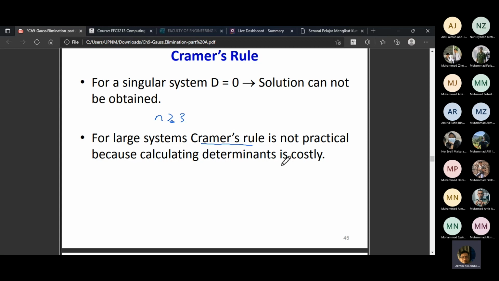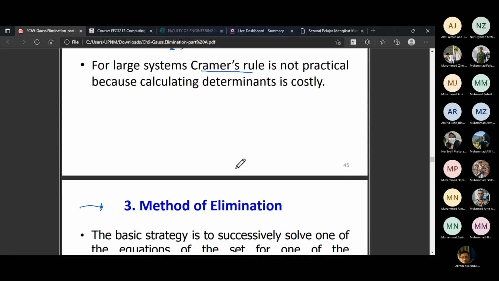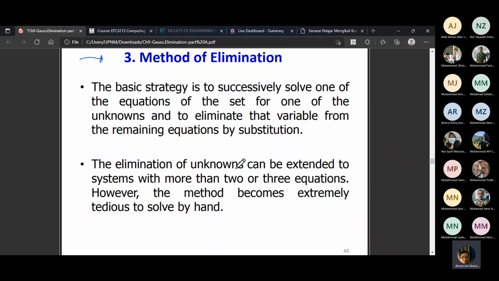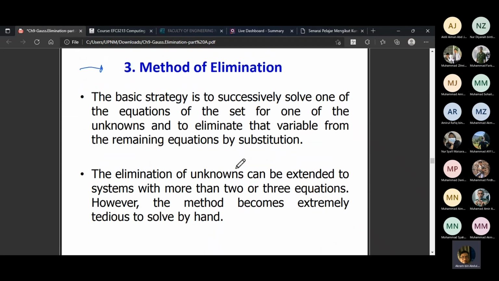So dia akan melibatkan computational time, melibatkan resources, memory. So dia tidak practical. So that's how kita ada satu lagi method of elimination. So this method of elimination kita akan continue pada hari Khamis nanti.